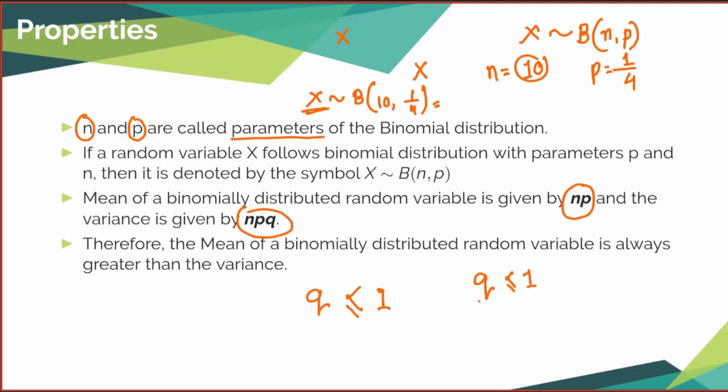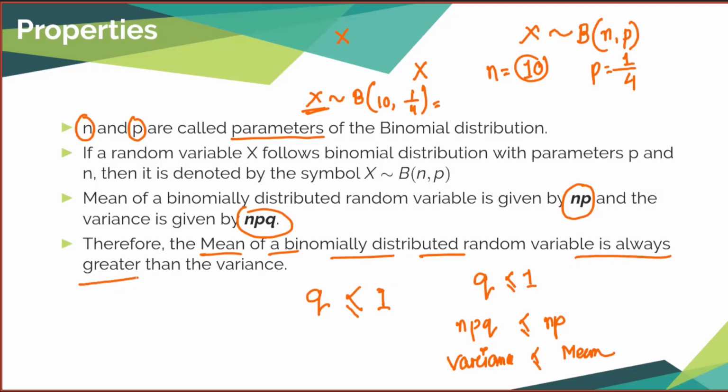Now if you multiply both sides by np, you will get npq less than or equal to np. Now what is npq? It is the variance, right? Less than or equal to what is np? It is the mean, right? So that's why the mean of binomial distribution is always greater than the variance. It will be always greater than, and at the least it will be equal to the variance.